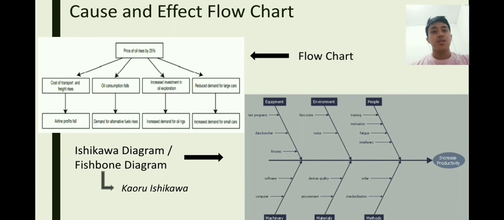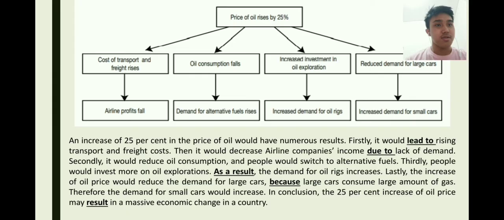And people mostly use the flowchart for making essays. I don't know why, but it is pretty helpful to make this before you actually write the essay, especially if you raise a cause and effect topic in your essay. Now I've put this flowchart again, and I actually made a paragraph out of this flowchart.